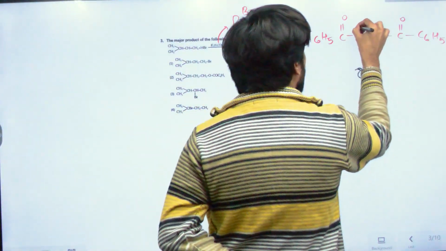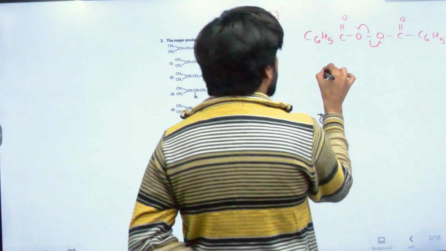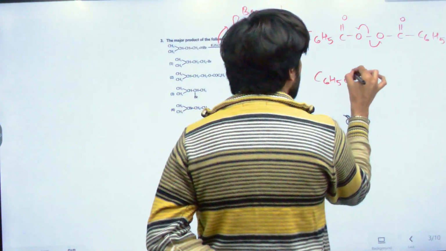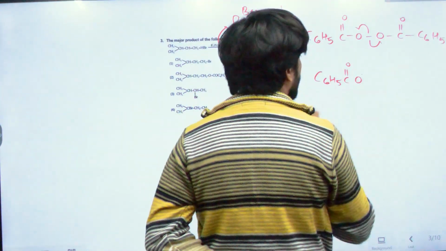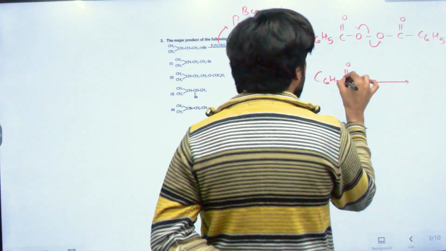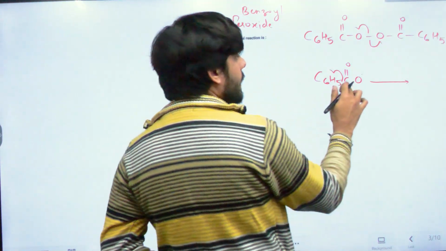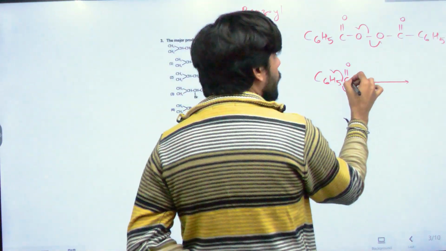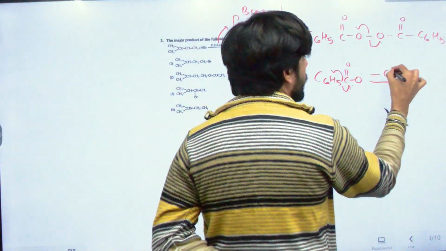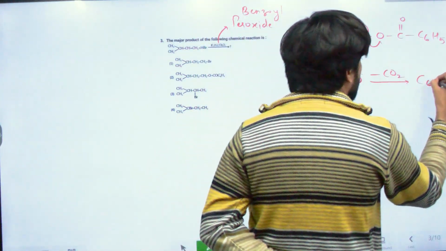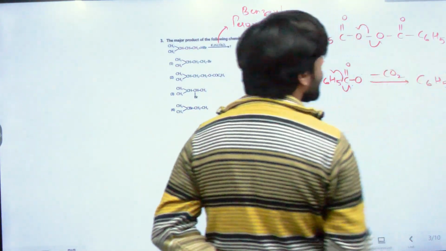So we know that this bond breaks homolytically. What we get is C6H5 C double bond O free radical. In the next step, this bond breaks homolytically and I get a free radical here. This free radical forms a bond and CO2 is released, and what I get is this phenyl free radical.